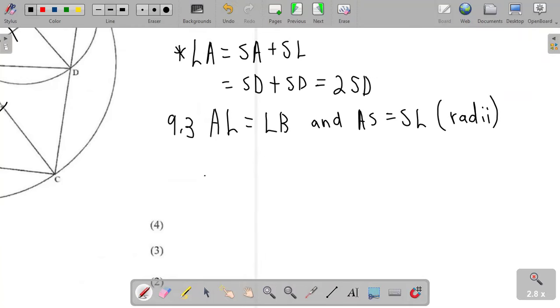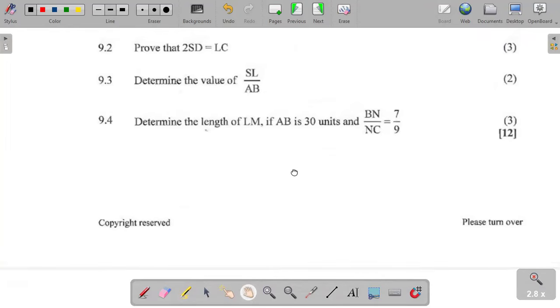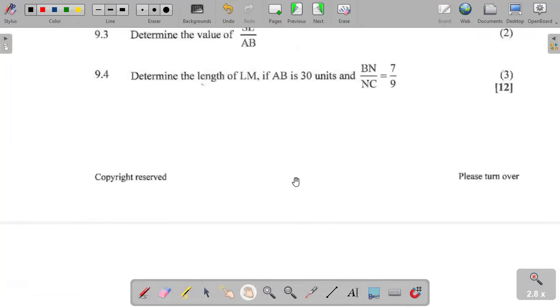So this means that therefore SL over AB will be equal to 1 over 4. So yes, it's 2 marks. Shouldn't be a lot of headache.